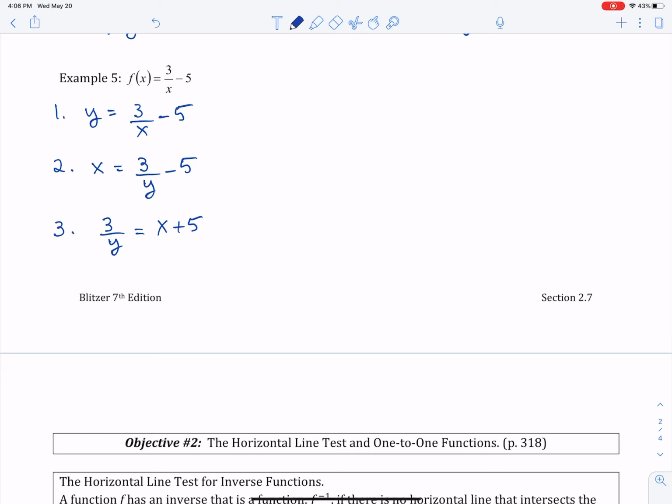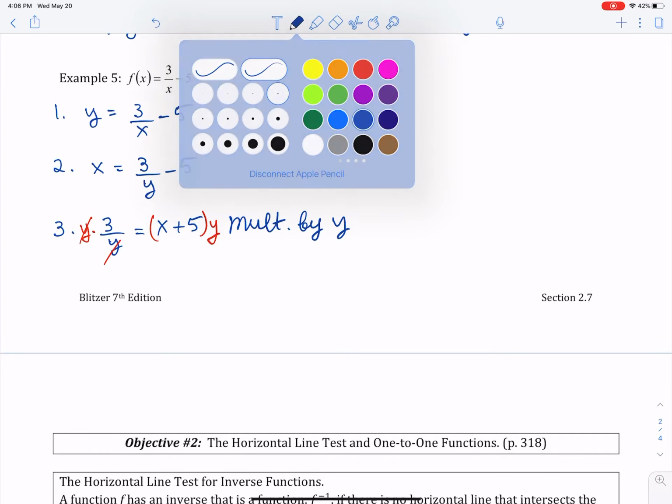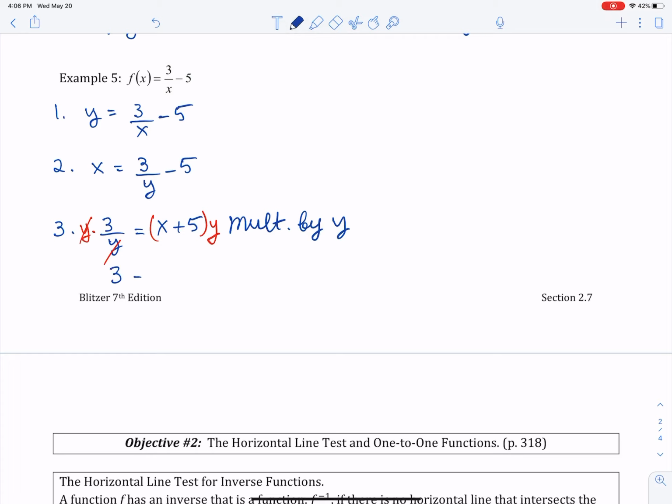I'm going to multiply both sides by y, so I'm going to multiply by y to be able to cancel this denominator. So 3 is equal to y times x plus 5.